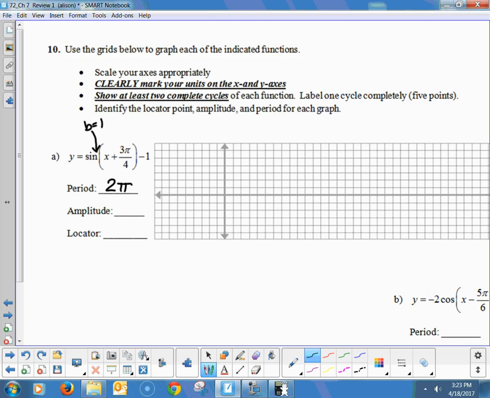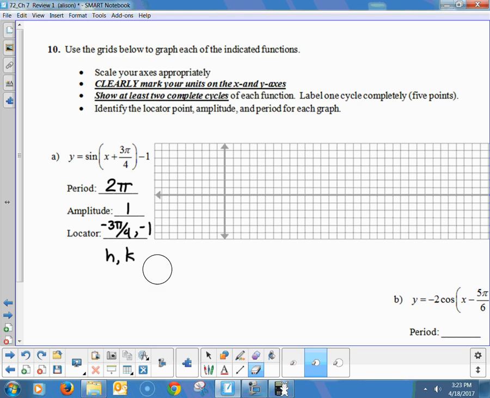That's easy. The locator is h, k. Our h is 3 pi over 4, but it's going to be negative 3 pi over 4, and the k is -1, and the amplitude is our a value, so that would be 1. Okay, so let's graph a sine wave.